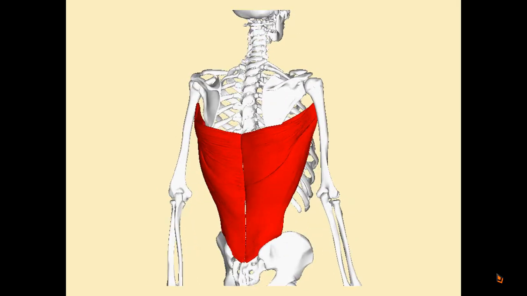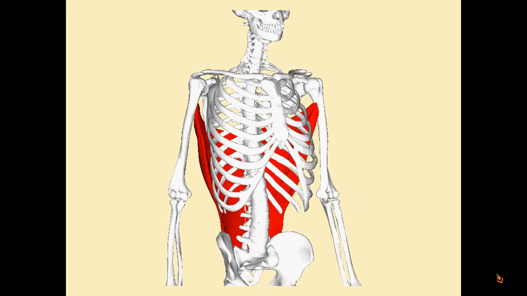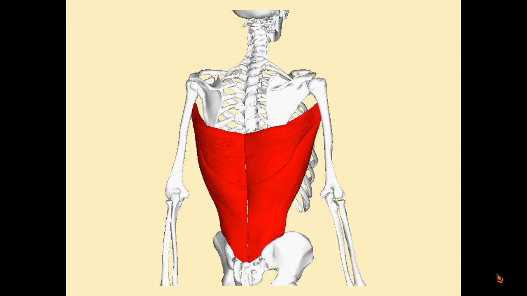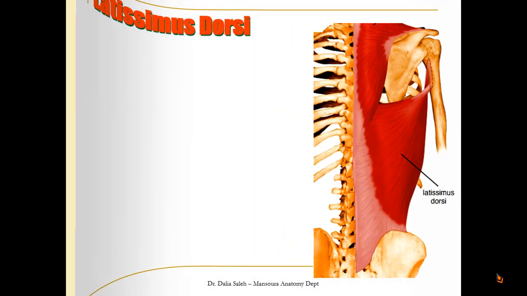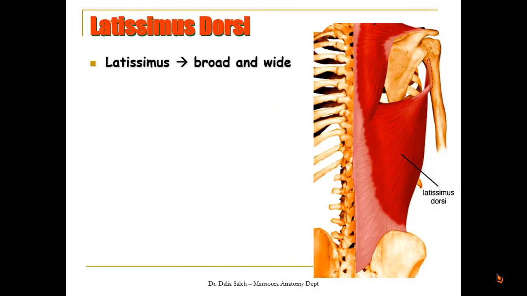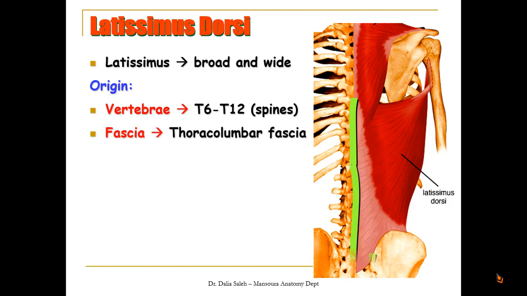Next, we will talk about the latissimus dorsi muscle, and as you can see here, it is a very wide muscle, hence its name. It takes its origin from the spines of the lower 6 thoracic vertebrae and then moves downward, taking origin from the thoracolumbar fascia and then from the iliac crest.